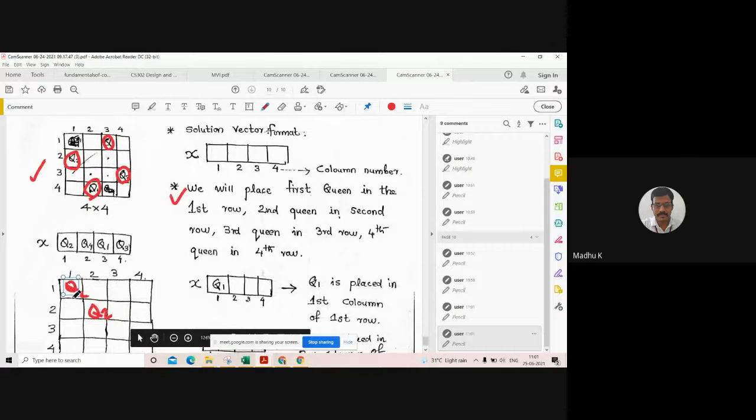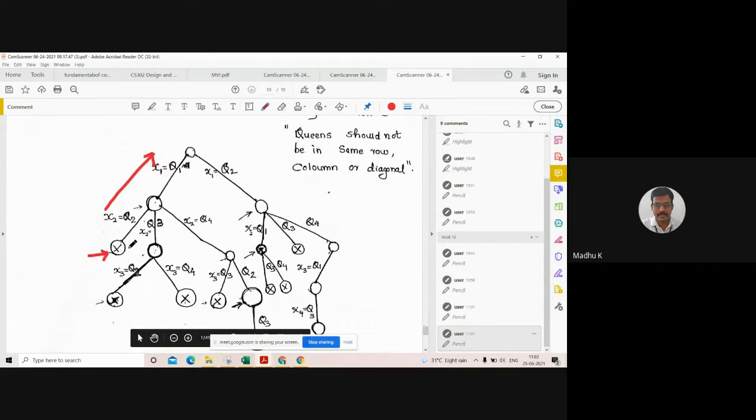This is not okay. They are in a diagonal, so they will attack each other. So this is not possible. What will I do? I will stop the process here. Next I will backtrack to here, then try another alternative.